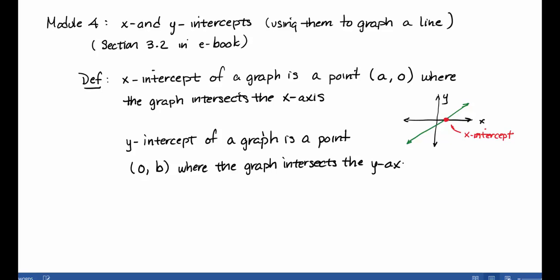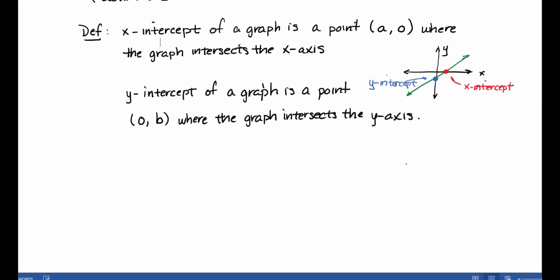The y-axis. So if we take a look at our picture here, that blue dot is my y-intercept, because that's where it intersects the y-axis. Okay.